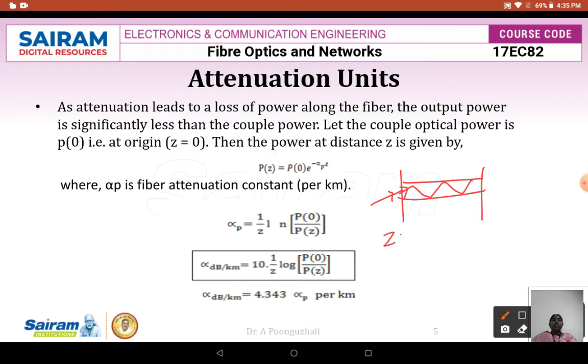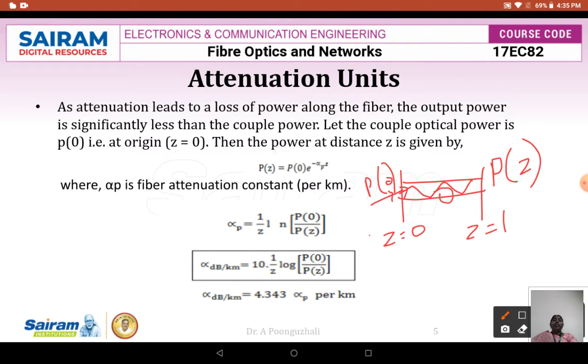This is at Z equal to 0, and at a distance Z equal to L I am going to see what the power is at this point and what the power is at that point. Z from 0 to L is the length of the fiber. So we can see that the output power is going to be less compared to the input power because of the loss that occurs inside this fiber.